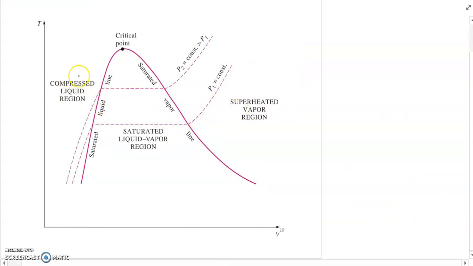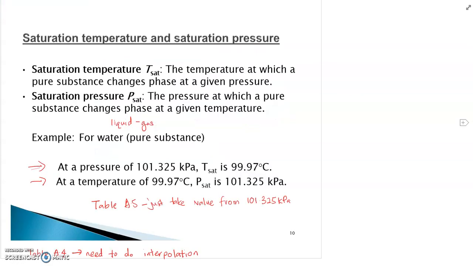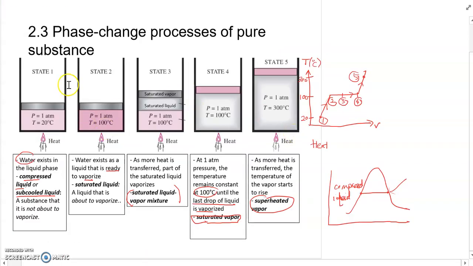You need to know the three main different regions, and you can relate this with page 8, slide number 8, when we learned about the phase change process of a pure substance. At state 1, it is compressed liquid or subcooled, on your left side.